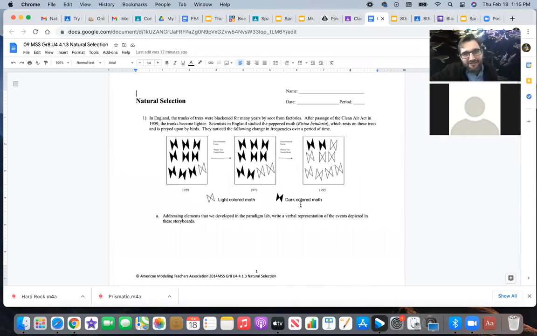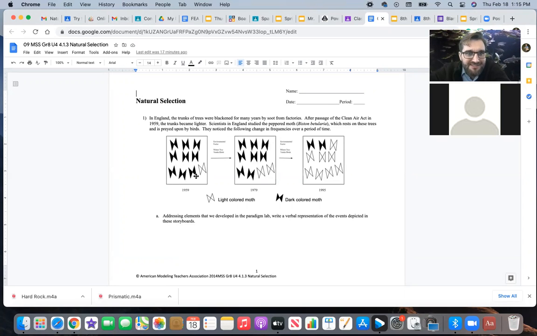All right, in the natural selection assignment, the very first question is related to peppered moths from 1959 all the way to 1995. What you see here is a scenario that explains those peppered moths. We see the population in 1959 having many more dark colored moths. Then from 1959 to 1979, we see a decrease in the overall percentage of dark colored peppered moths.